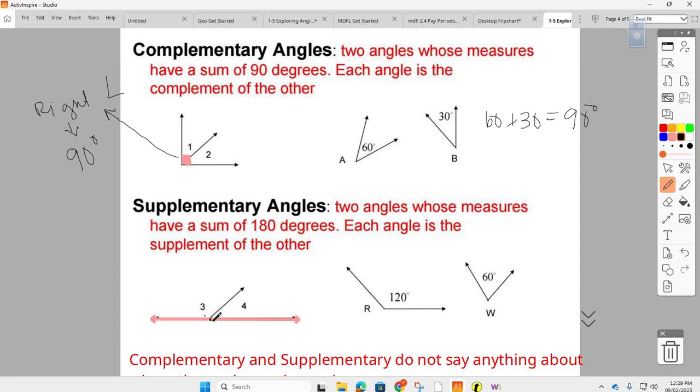So this ray is the side of angle 3. This opposite ray is the side of angle 4. They share this side, right? Together, because they're opposite, the non-shared sides are aligned, and we have to know that they equal 180 degrees. So angle 3 plus angle 4 equals 180 degrees.